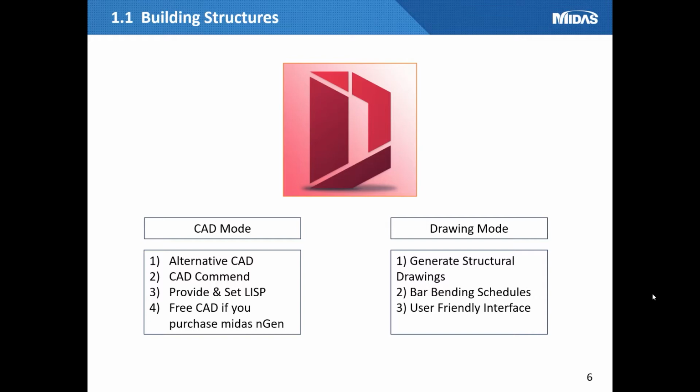Of course, if you buy one of the modules of MIDAS nGen, you can use MIDAS drawing. Also, one of the biggest features of MIDAS drawing is that it has a function to generate design information as structure drawings. In the drawing mode, you can create several Eurocode-based structure drawings. It is also very easy to use, so you can learn quickly.